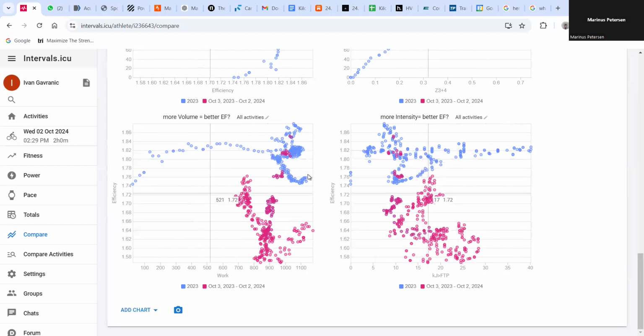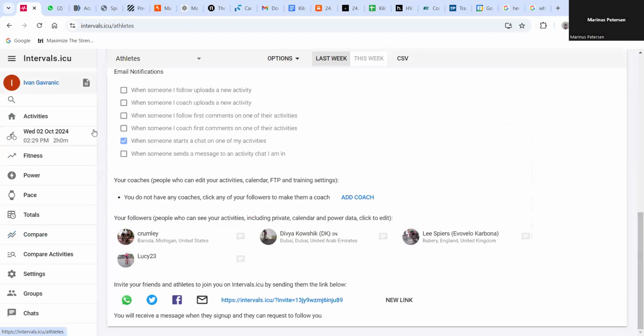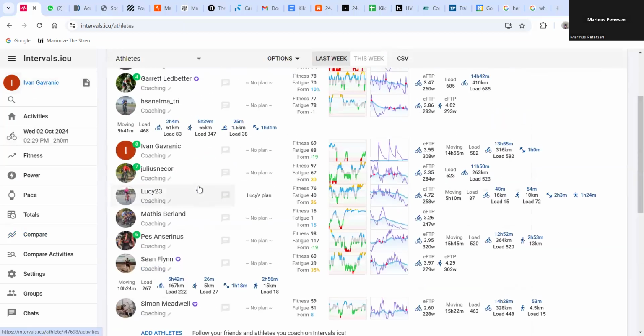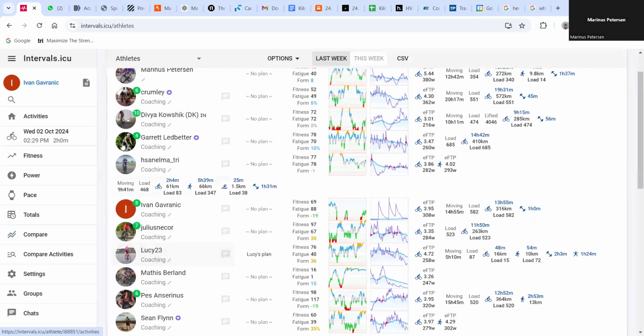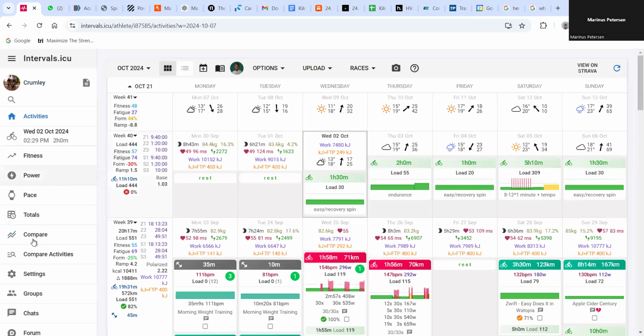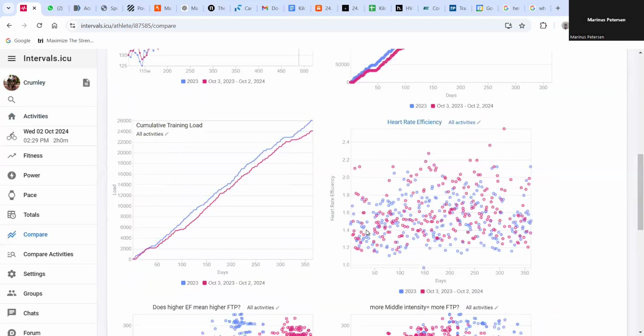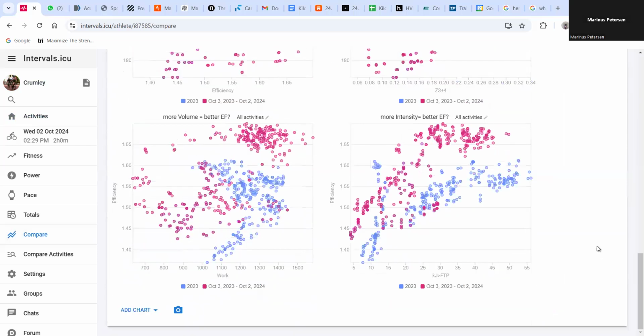Okay, so then one last example, the same thing. Have a look at this individual. So this person, again, pretty clear response there that more intensity is making their EF better.